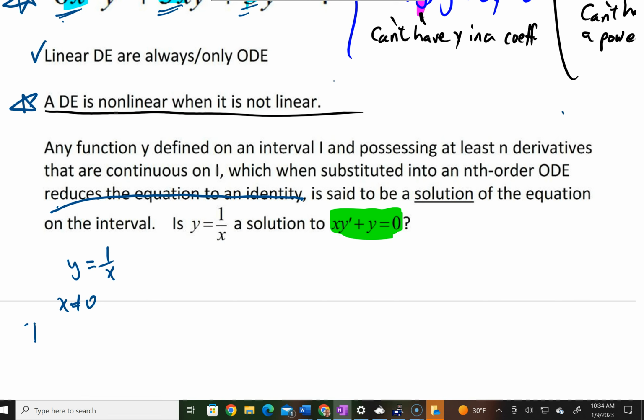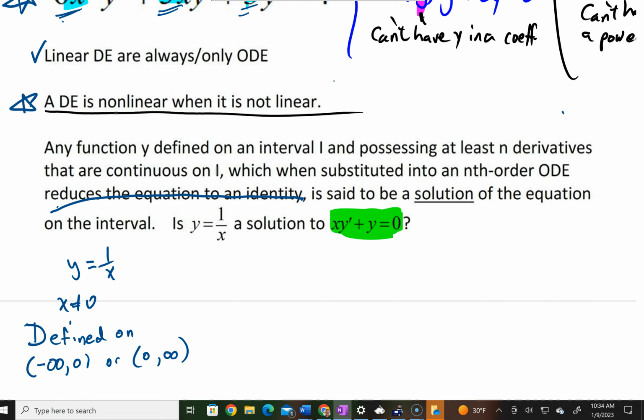That means you are defined, and this is important, on the interval from negative infinity to 0 or 0 to infinity. And you could only really have one of those intervals at a time, right?